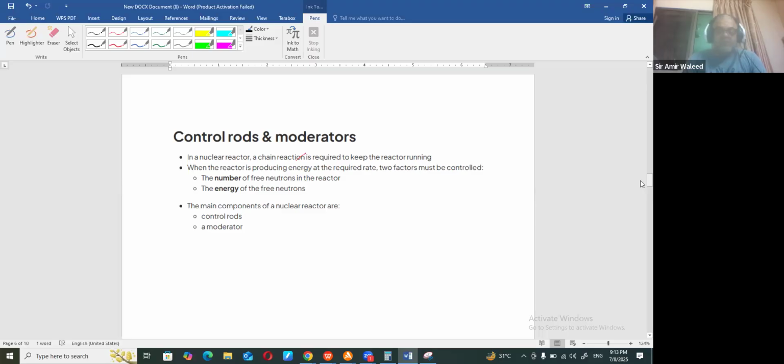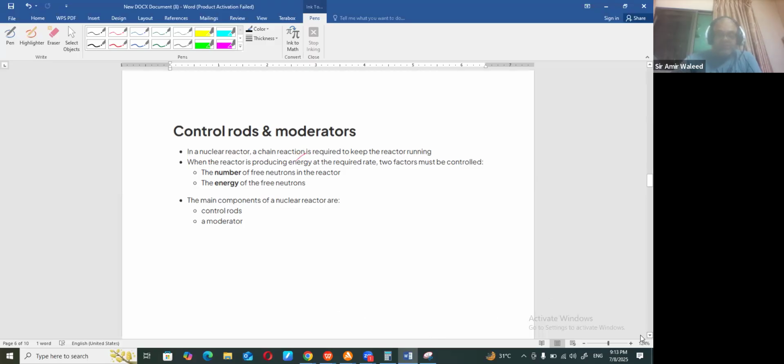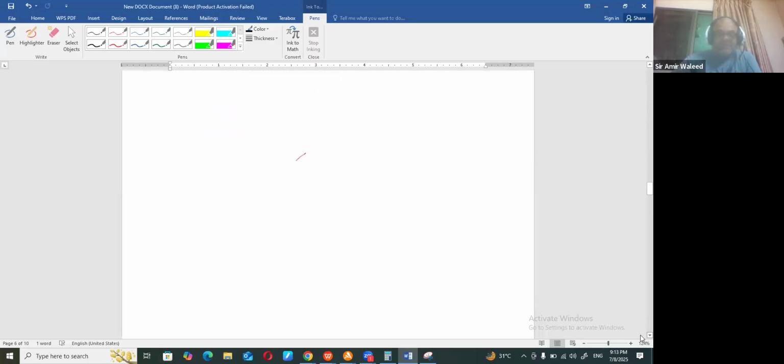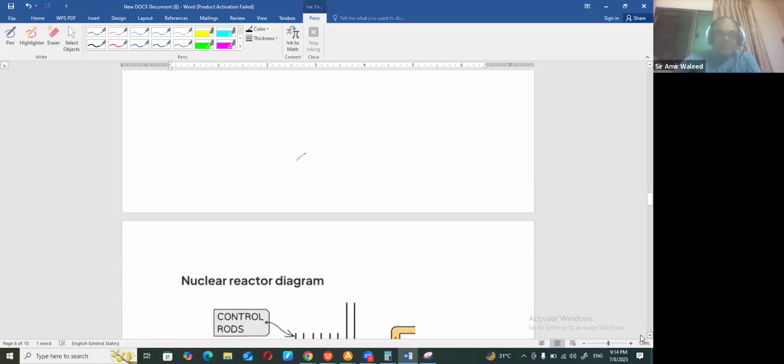So for that reason, these control rods are used, and they are just rods that absorb the neutrons which are released during the reaction. Because if neutrons keep on releasing and you cannot control it, then this reaction can go out of control. The moderator is the graphite one, which I've just shown you, used to reduce the speed of the neutrons which have just come in.